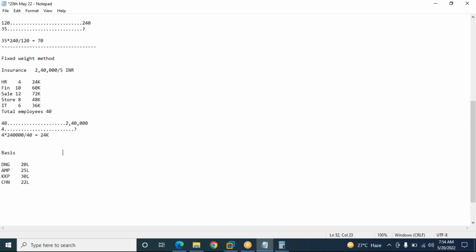Then advertisement expenditure. So the total advertisement expenditure is, suppose, 1 lakh rupees.